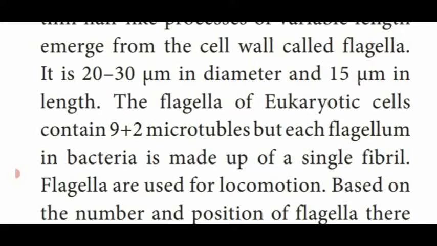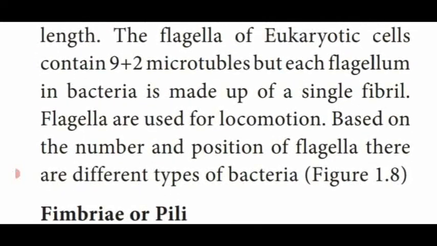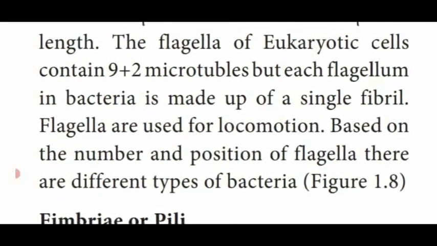So that is the difference between eukaryotic flagellum and prokaryotic flagellum. Eukaryotic flagellum contains 9 plus 2 microtubules. The prokaryotic cell, for example bacteria, contains only one fibril, a single fibril. This flagella is responsible for locomotion.